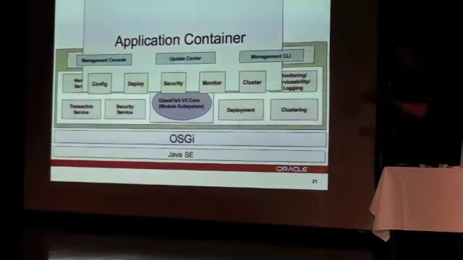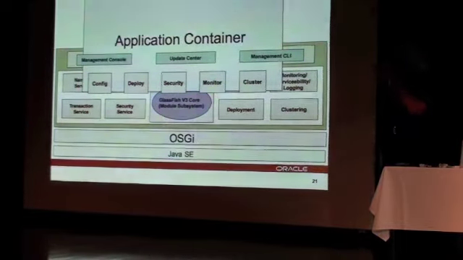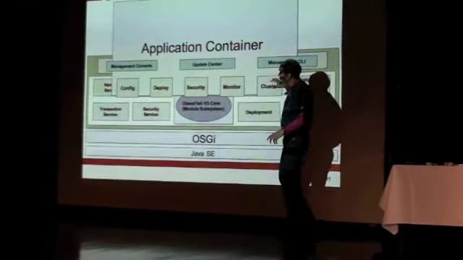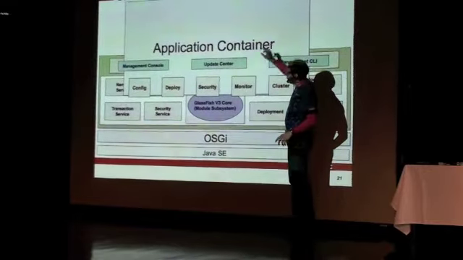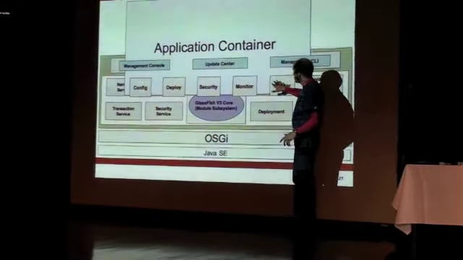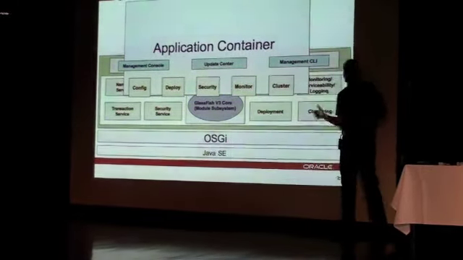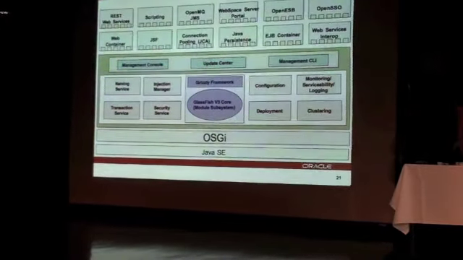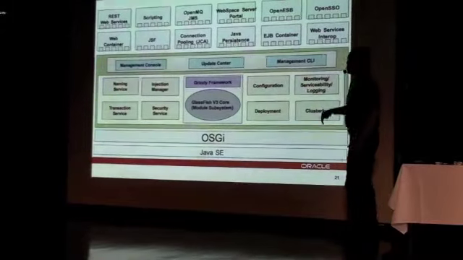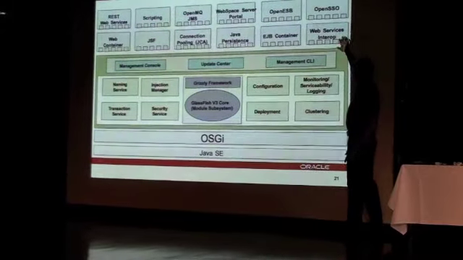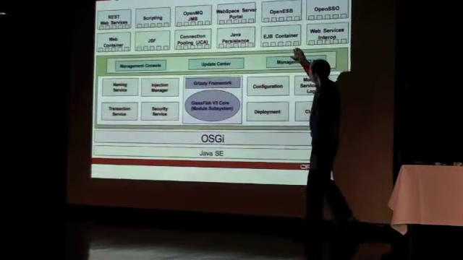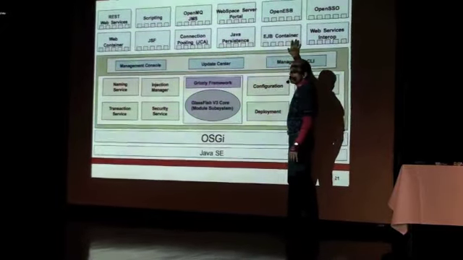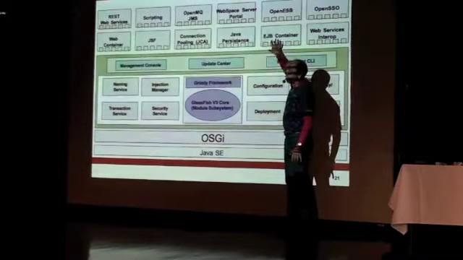Using those services, I have defined this concept of an application container. Now this is a much more abstract layer where I say, my application container can config, deploy, secure, monitor, cluster, and a bunch of other functionalities. It exposes those integration points. Similarly, I have a bunch of those application containers. So I have a web services interop container, an EJB container that's implementing those points, and you have that functionality in there.